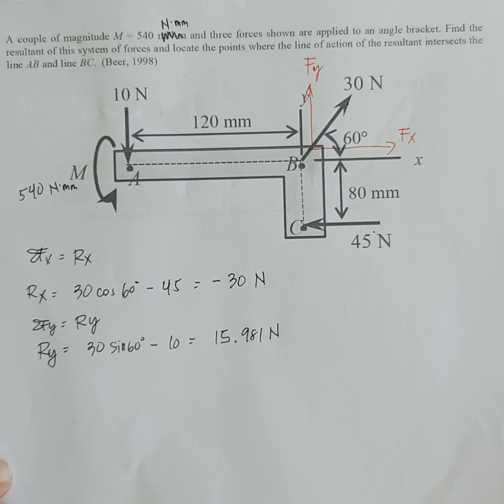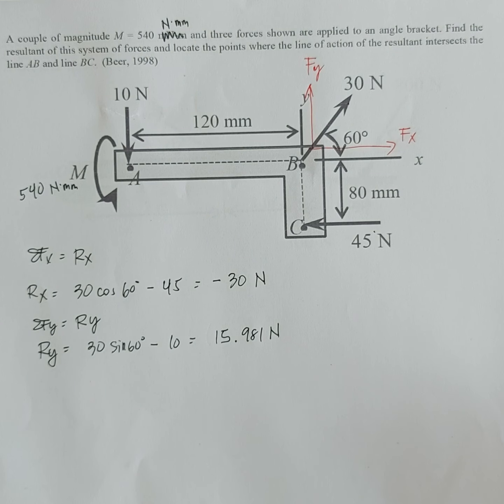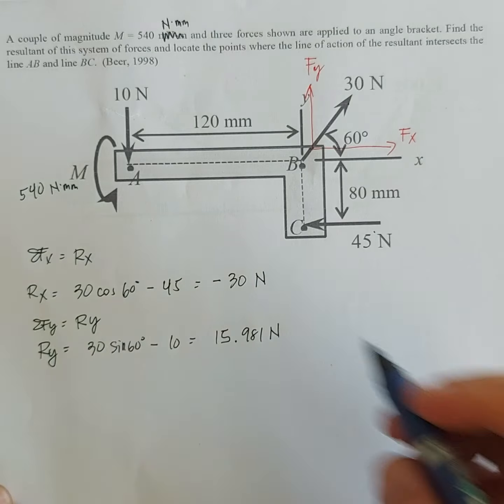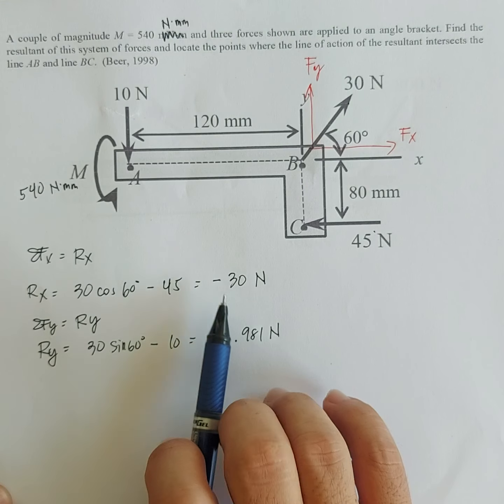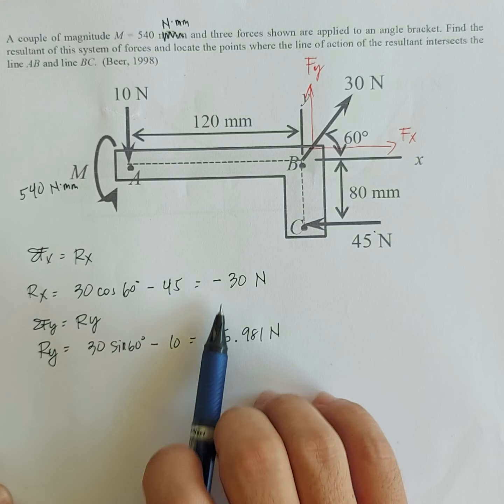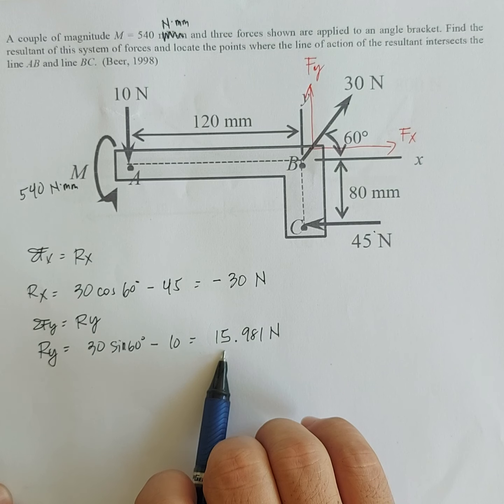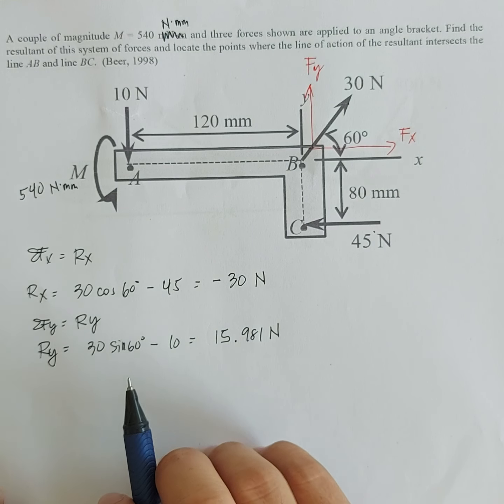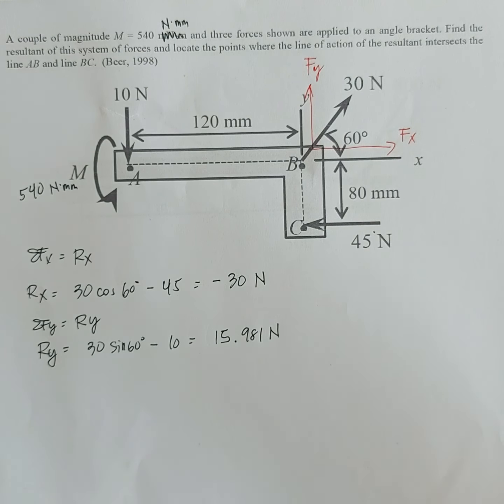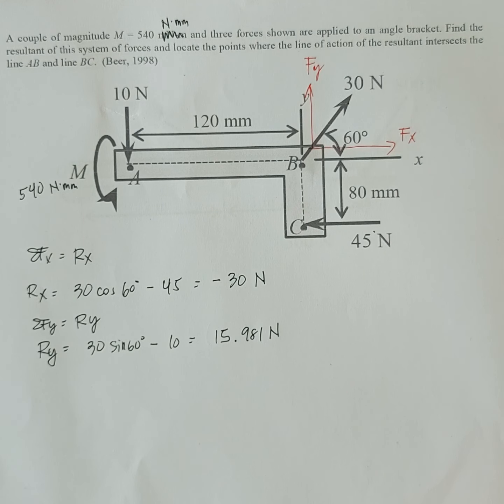Now let's solve for the angle. What is the angle of our resultant force? So, the direction of our resultant force. We know that for the resultant force, the x component is negative and the y component is positive. So where is that in our Cartesian coordinate system?